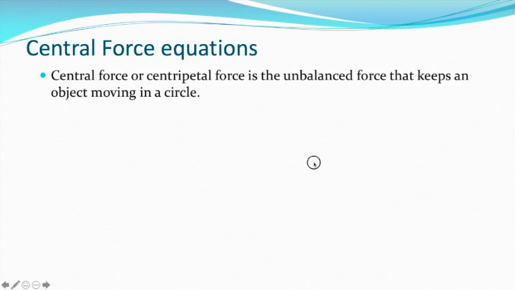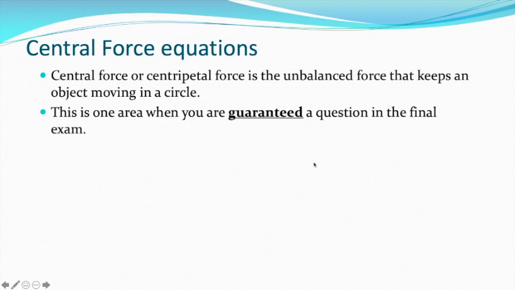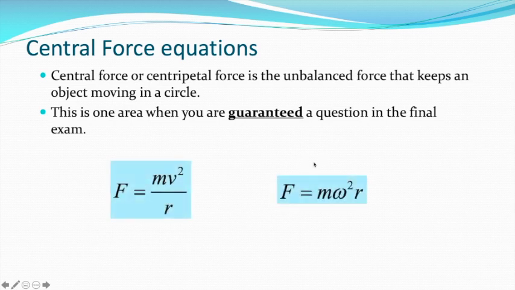Right, here's our two central force or centripetal force equations, both on the relationship sheet. And what you will notice about both of them is that the force required to keep an object moving in a circle varies directly with the tangential speed squared. So if the mass and the radius are constant, F varies directly with v squared.